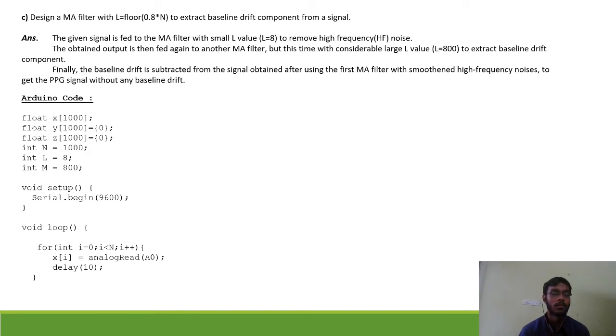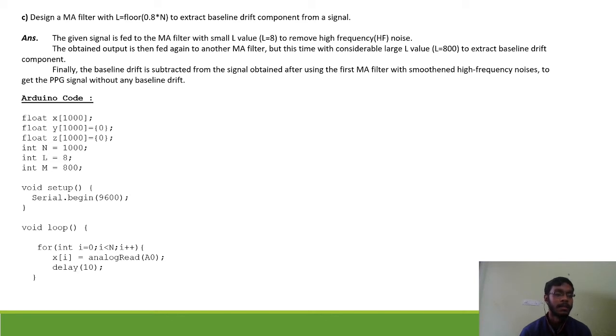We are doing it in the same way, declaring input and output arrays, and we are taking two moving average filters. One is to smooth out the signal, with L equals 8. Another is M equals 800, which will give me the DC offset value, or the baseline drift.